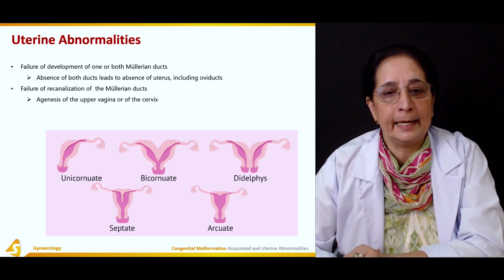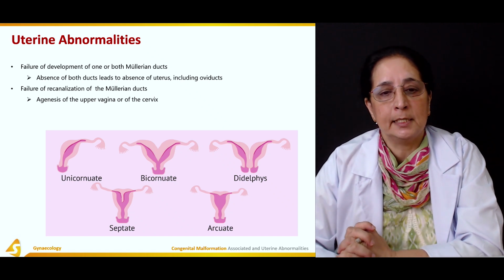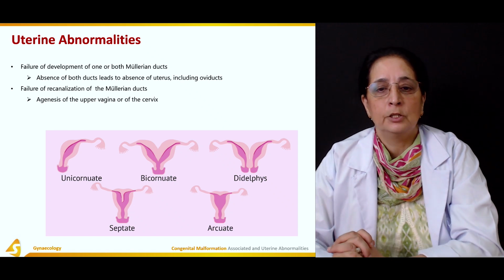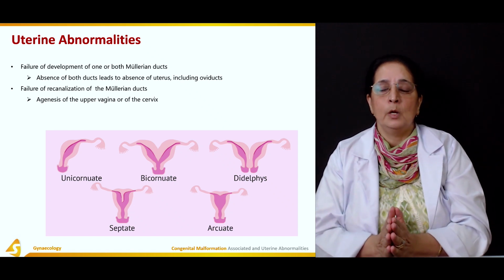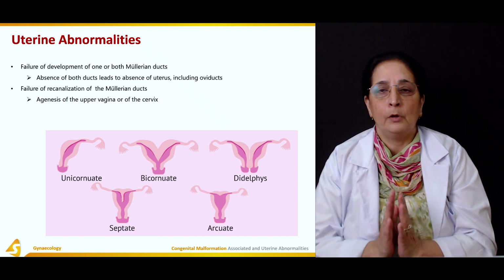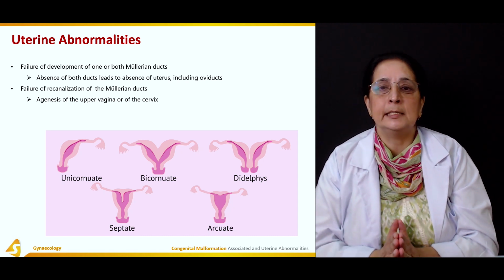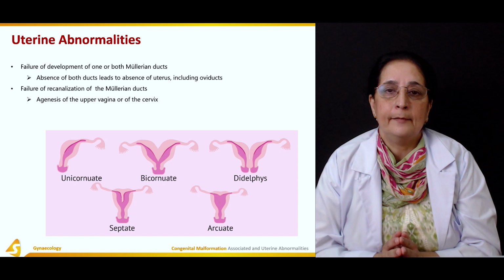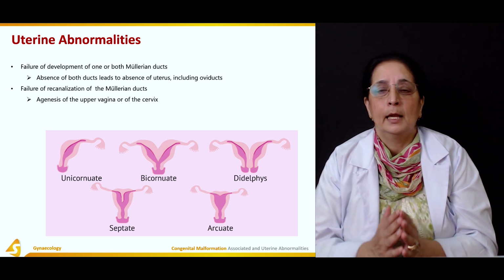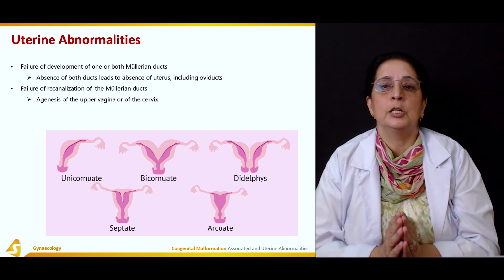Failure of recanalization of the Mullerian duct leads to agenesis of the upper vagina or of the cervix. So again, if you see the difference between the two embryonic developments, Mullerian ducts are the ducts that lead to the formation of genital tract structures. If there is complete absence of Mullerian duct, there is definitely complete absence of uterus and fallopian tubes.